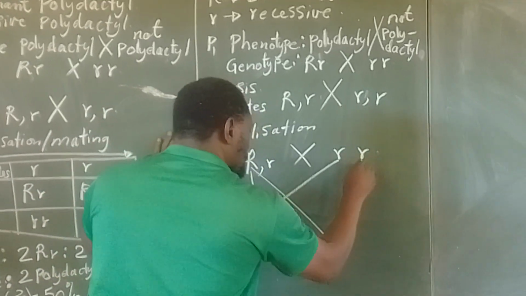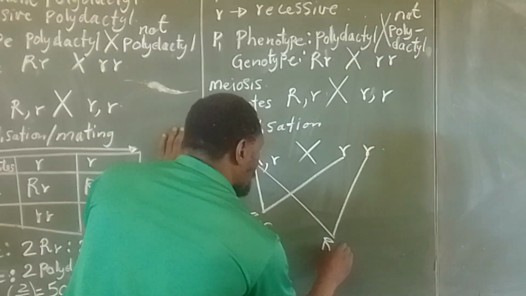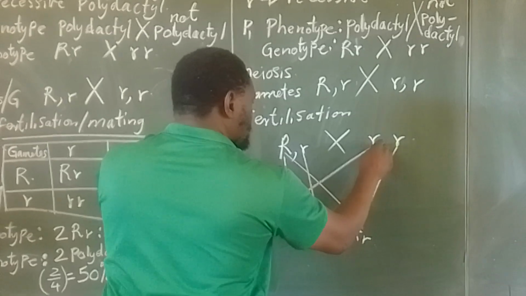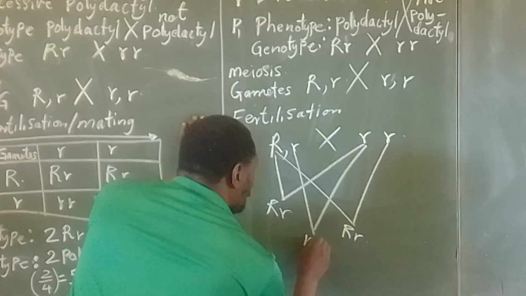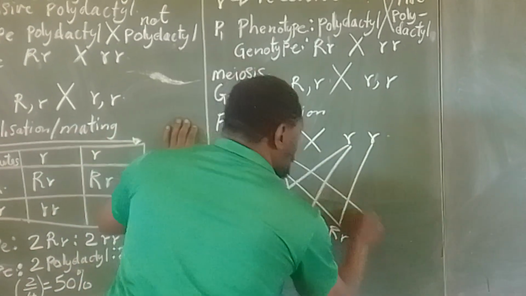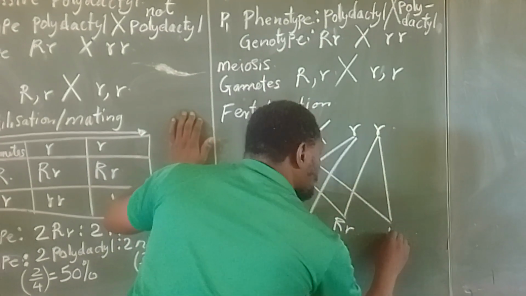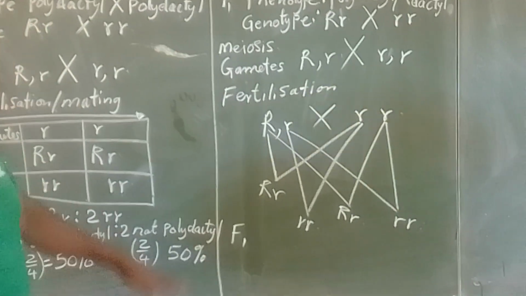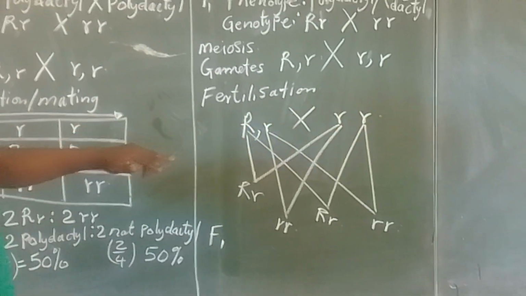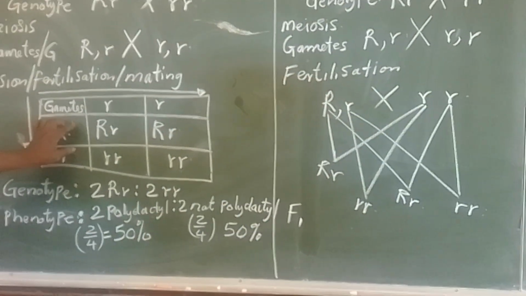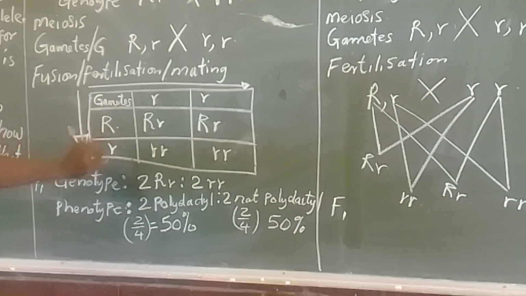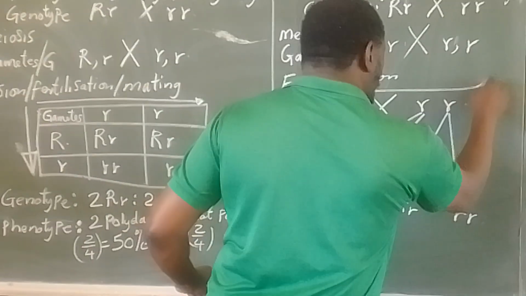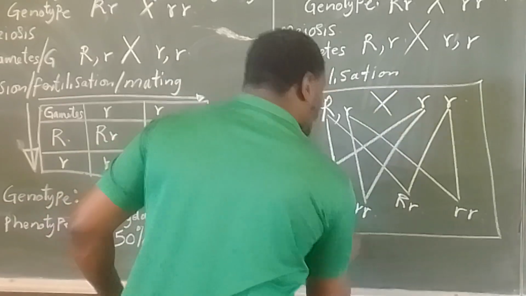This one crosses with that, you find Rr. This one crosses with that, you find rr. This one crosses with that, you find rr. The results are the same. So I was just accommodating those who do not feel comfortable using the Punnett square. So you can go for this one. All the same. The results are the same.